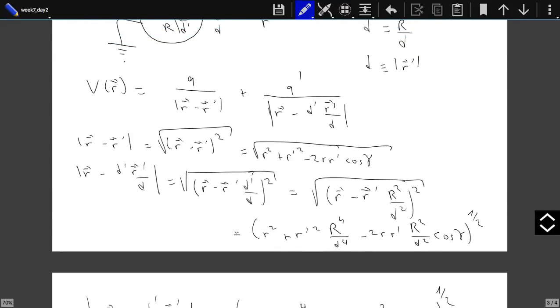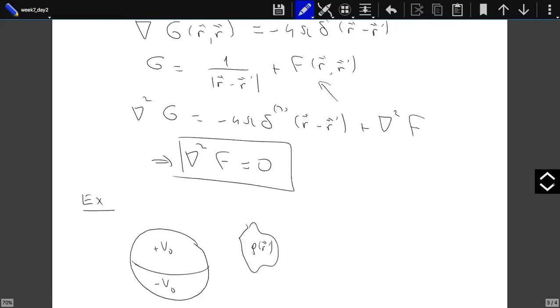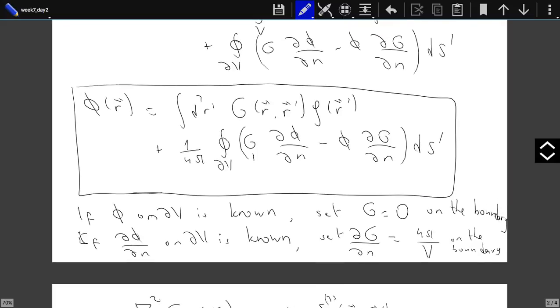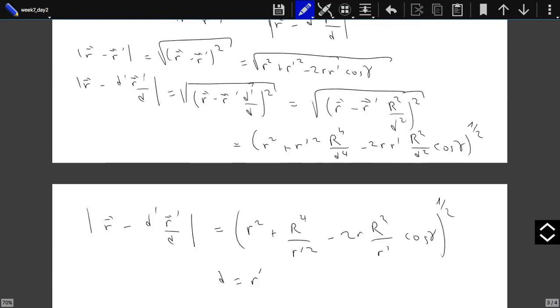So basically we know the potential. It looks like a complicated expression because this gamma, you see, here you will be taking an integral over R prime. So this gamma will depend on the angles of both R prime and also R. So that you have to take into account.